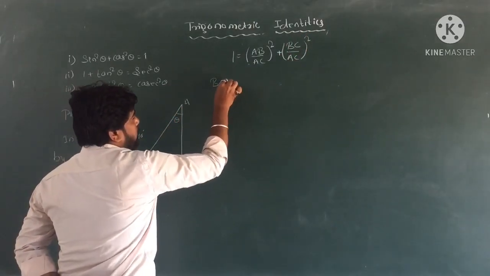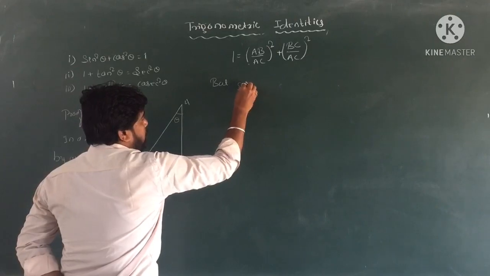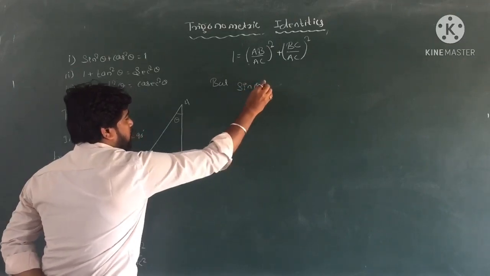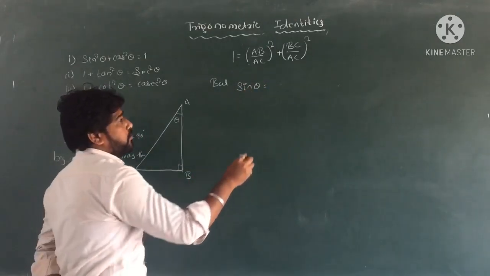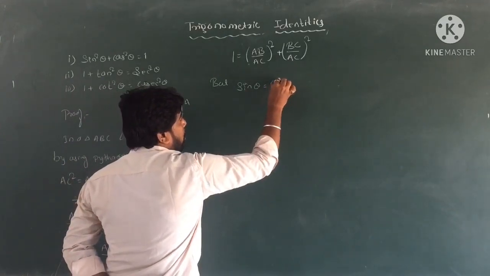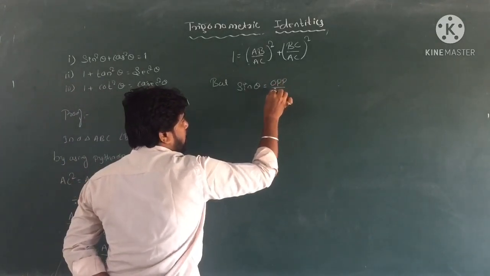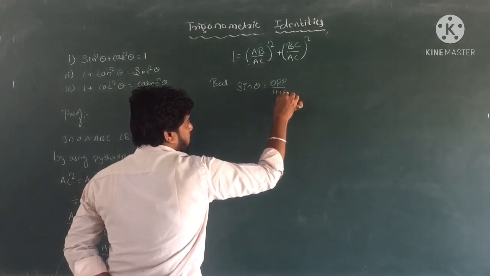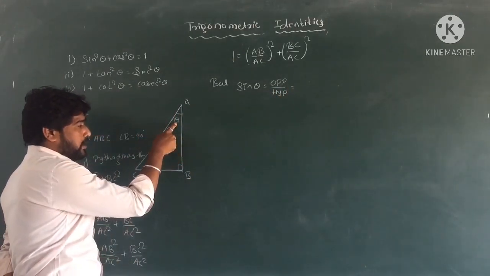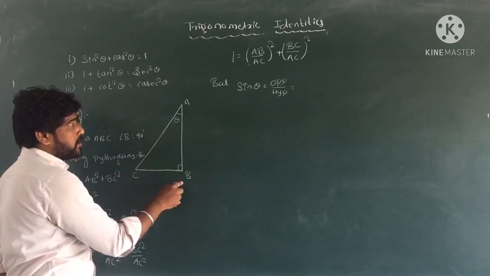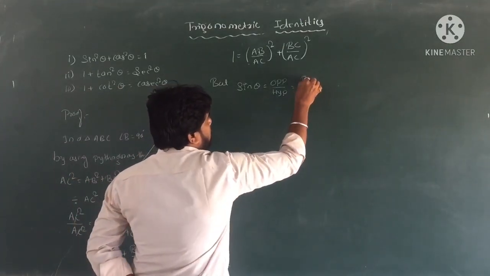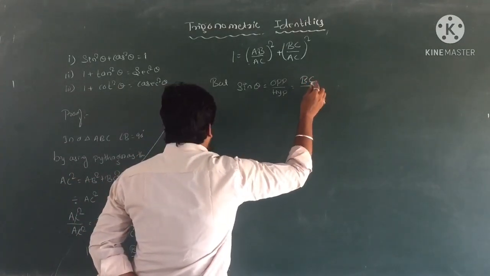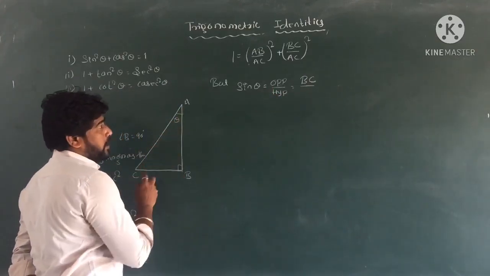But consider here, sin theta is equal to, we know that, opposite divided by hypotenuse. When we consider theta, the opposite is BC, so BC divided by hypotenuse AC.